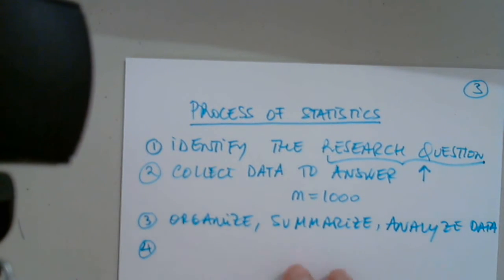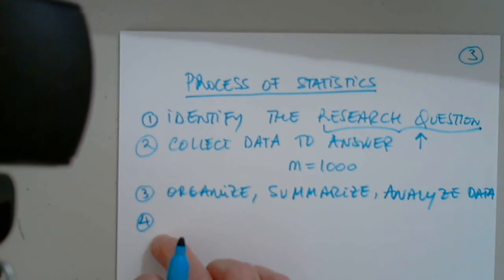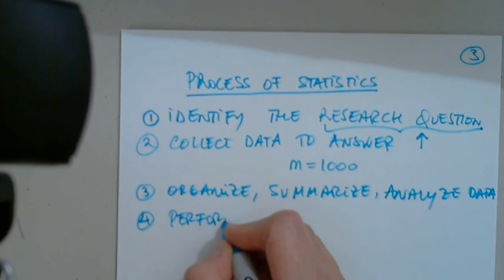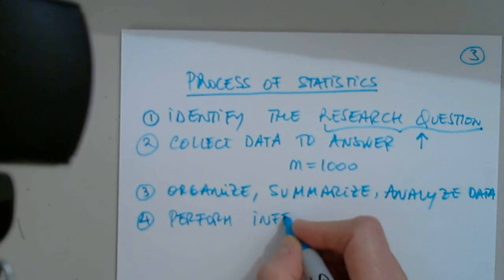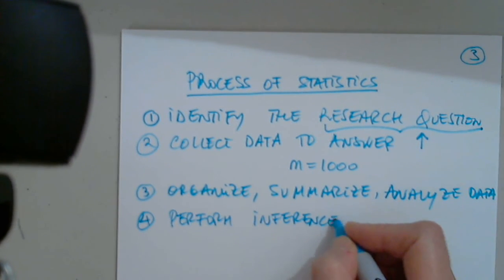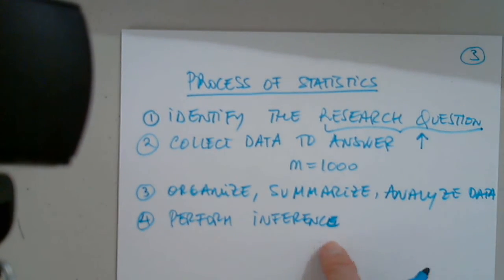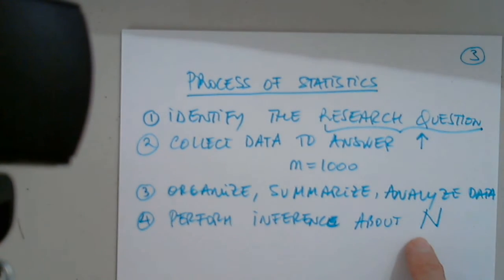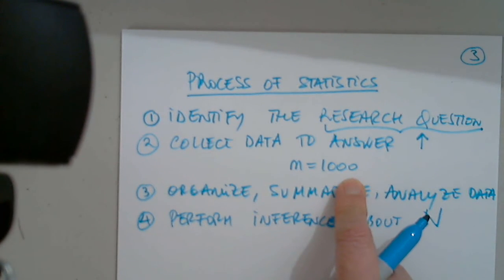And in step number four, that's when we perform the inference. What does that mean? Inference about the entire population from the sample.